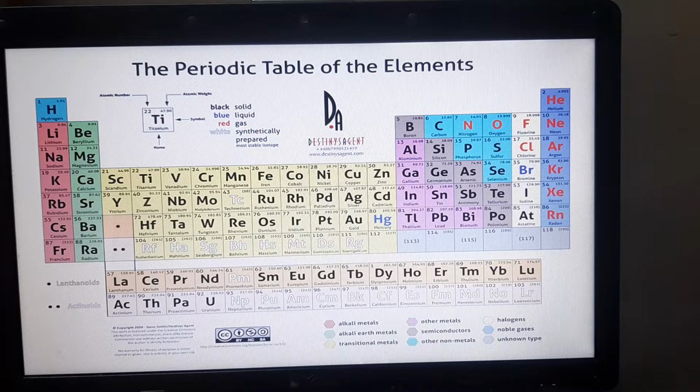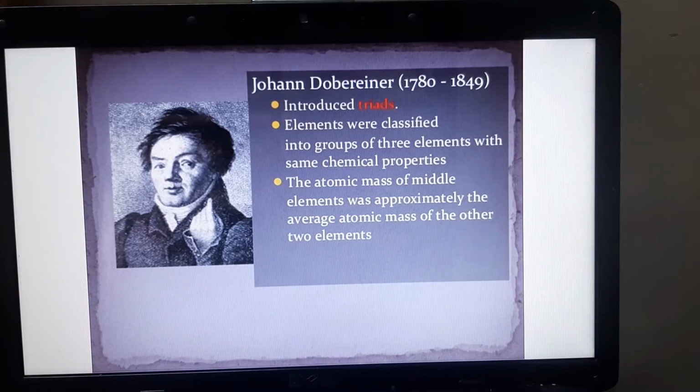Right in the beginning, in the old days, there were not very many elements discovered because we didn't have modern technology, right? So here we see the first scientist many years ago, somewhere around the 1800s, there was a scientist called Johann Döbereiner. And Döbereiner had few elements that were known and discovered at that time, and he was able to find out among those few elements groups of 3 elements which had similar chemical properties.